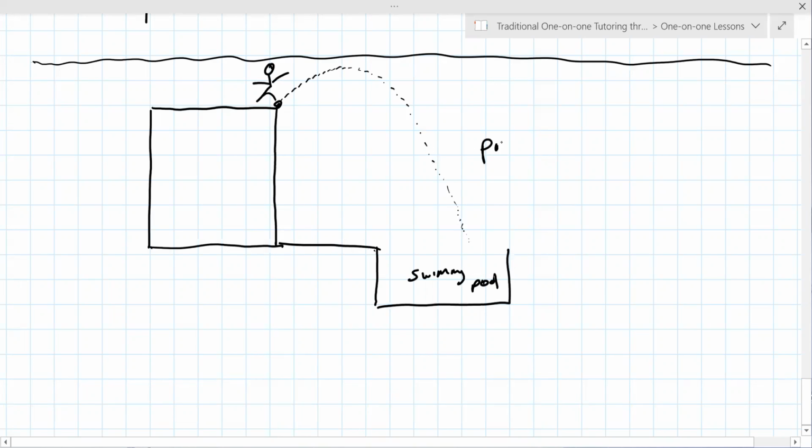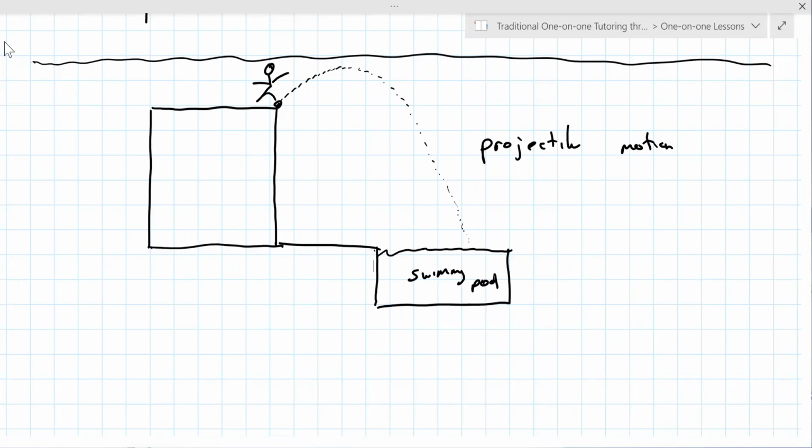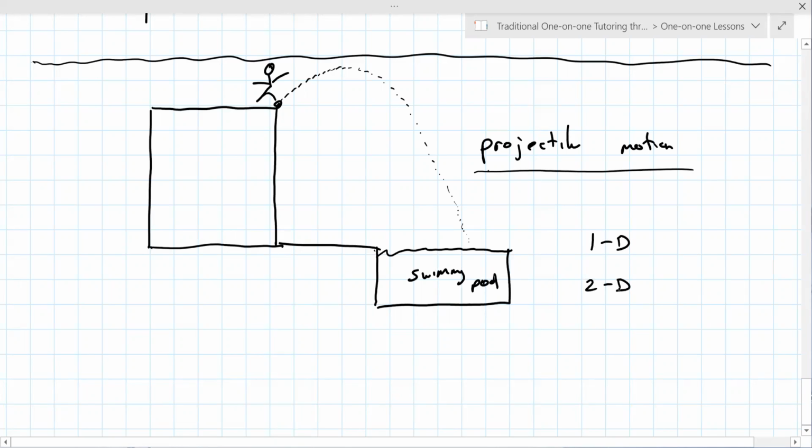So this is called projectile motion. What we could do is figure out, will the person land in the water? That might be a question that could be asked. Projectile motion typically deals with things that are moving in one dimension or two dimensions.